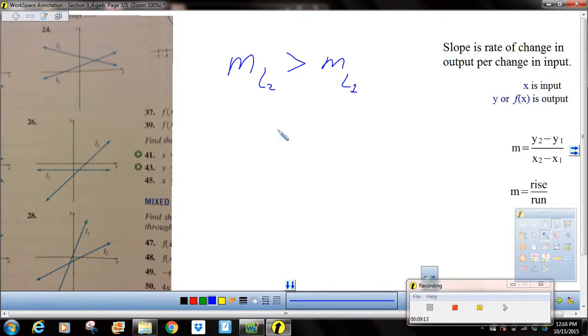On 26, the slope of line 2 again is greater than the slope of line 1. Line 1 looks like it's horizontal, so it would have been 0. This one was positive. On this one, line 2 was positive, line 1 was negative. On this one here, it looks like line 1 is a greater positive because it's steeper than the slope of line 2. Okay.